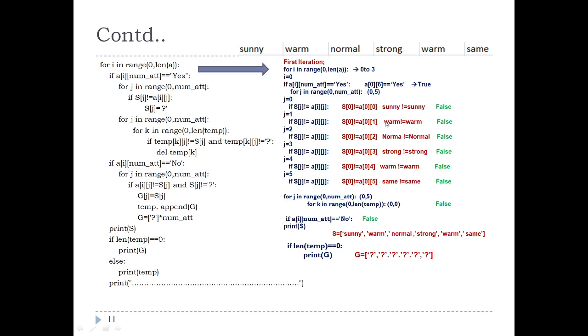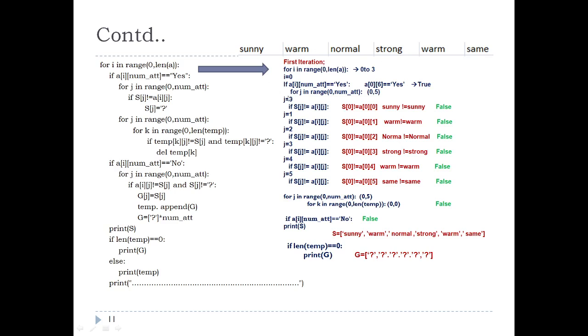So we are not going to change anything, so S1 remains the same. Here a of i, and the number of attributes, that is a of 0 to 6. The value of i will be 0 because that is the first training example, with the values sunny, warm, normal, strong, warm and same.